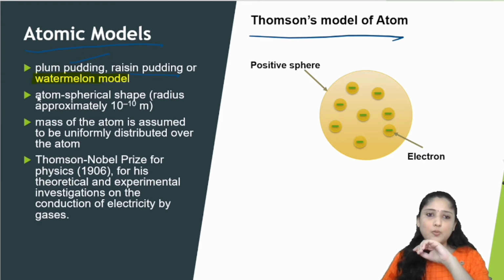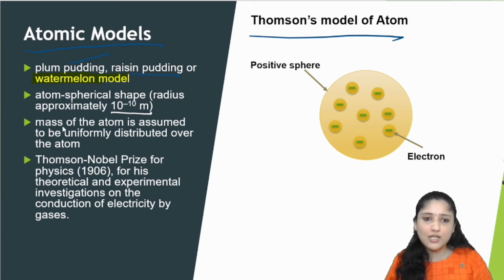Atom is spherical in shape. The radius of it is approximately 10 power minus 10 meter.